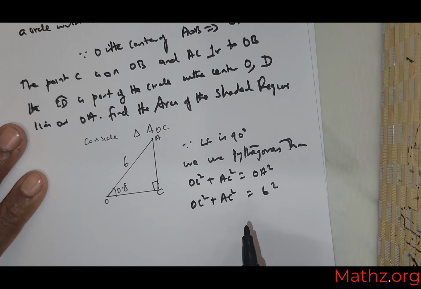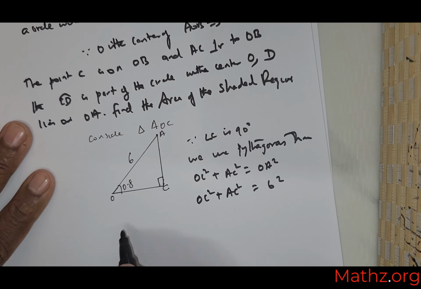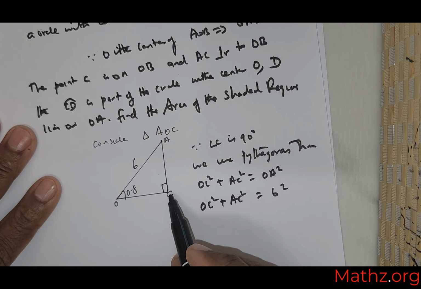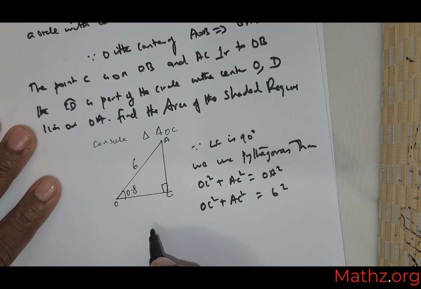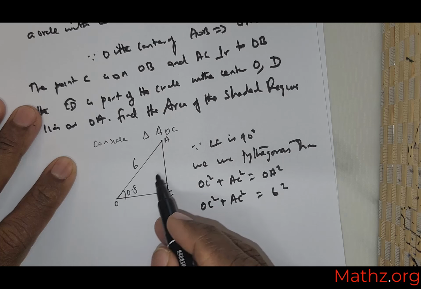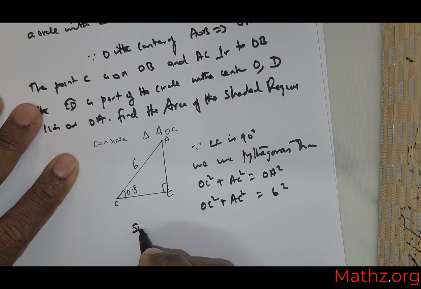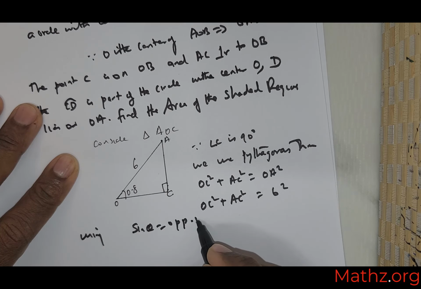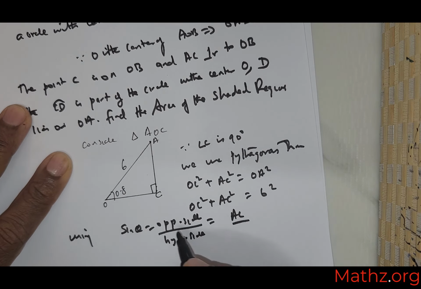Now what I know is angle C is 90 degrees, and I would like to utilize the sine ratio. Using sine theta as opposite side over hypotenuse, we get AC divided by the hypotenuse OA.